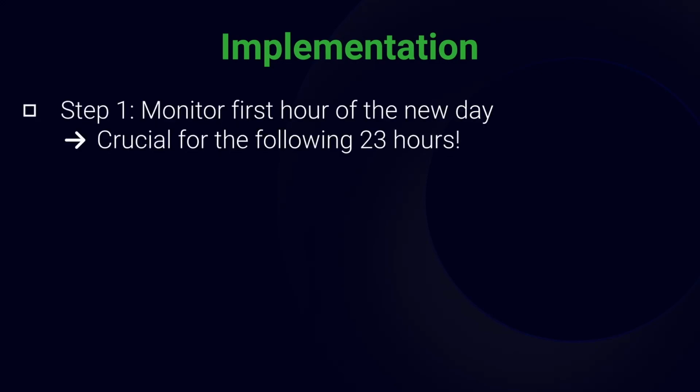In order to correctly implement the different daily open types, we recommend that you follow these steps. Step 1. Monitor the first hour of the new trading day. It is crucial for the following 23 hours. Step 2.